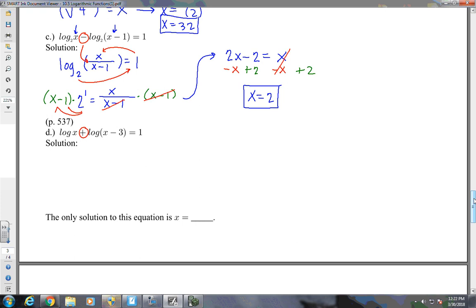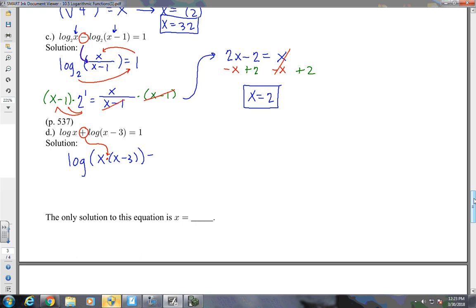When we add two logarithms together and condense into a single logarithm, we're going to multiply the two original arguments.